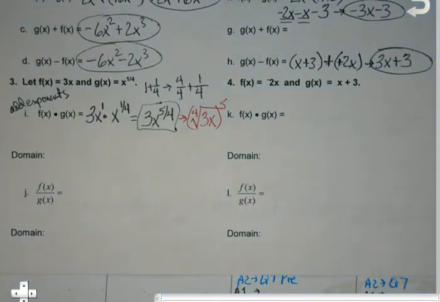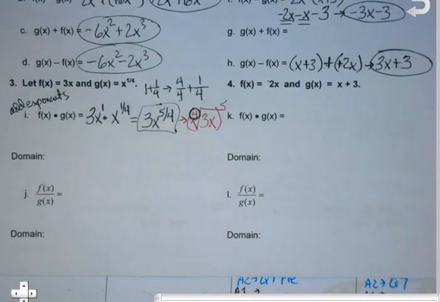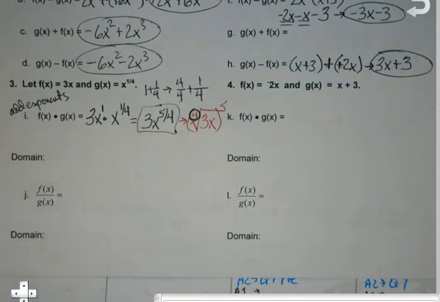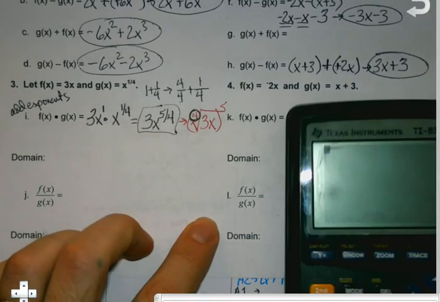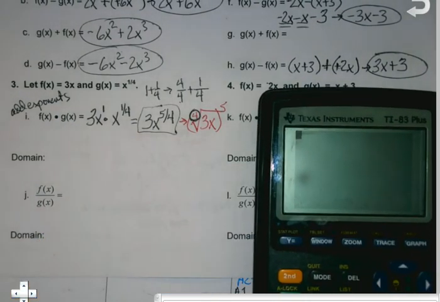Anytime that you get an even root, so if it's square root, fourth root, sixth root, if it's an even number, that would cause a problem. Because if I tried to take a negative number, let's say, for instance, I said, okay, what can I take to the 5/4 power?